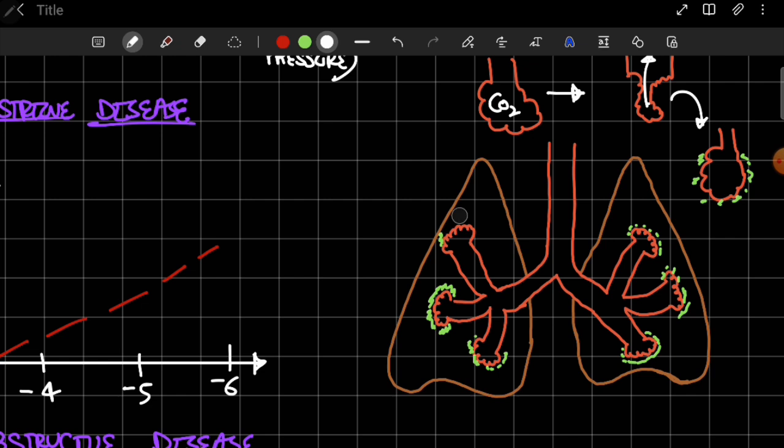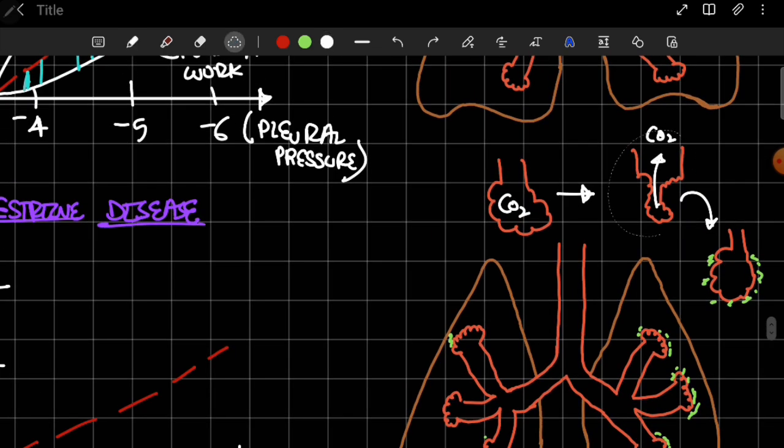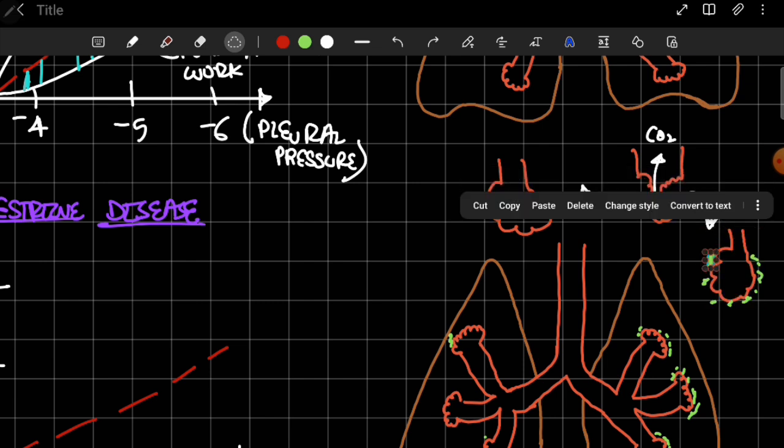In restrictive lung disease, there is a destruction of this lung parenchyma. All this lung parenchyma around the alveoli goes. So as we are pressing the alveoli, this position will be there, and this position will not occur, because of the absence of this lung parenchyma.